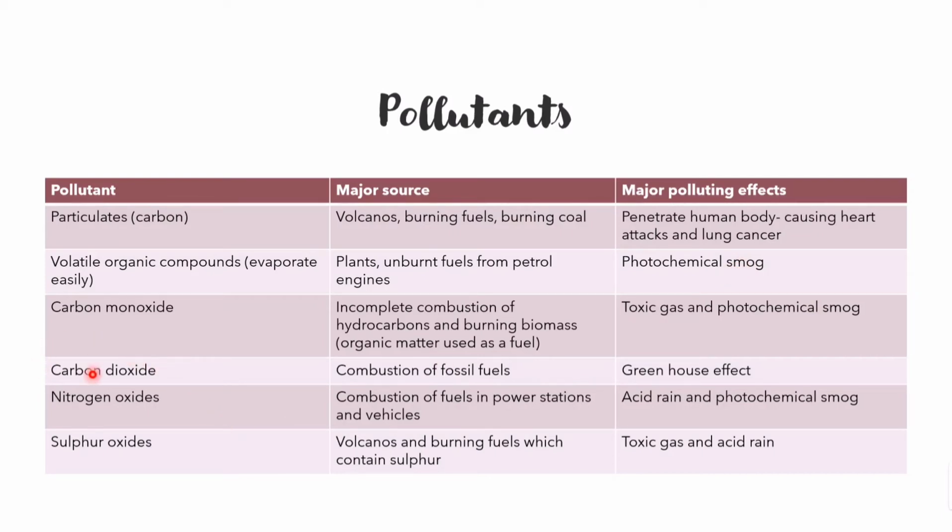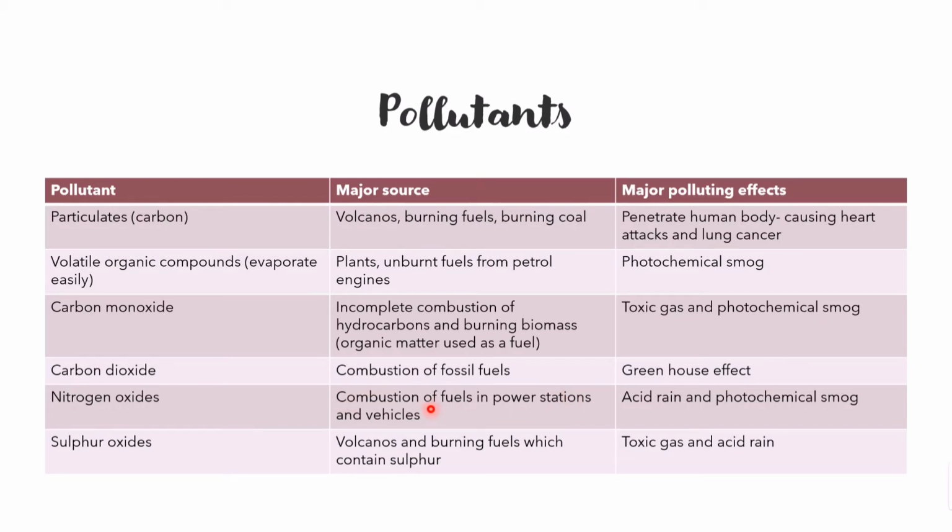Then we have carbon dioxide, which is produced by the combustion of fossil fuels, again as we saw on the last slide. This contributes to the greenhouse effect, which is damaging our Earth's atmosphere and contributing to climate change as well. And then we have nitrogen oxides, which are produced by the combustion of fuels in power stations and vehicles.